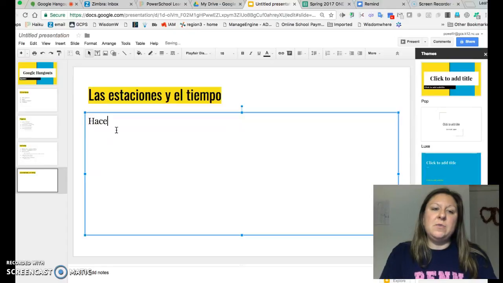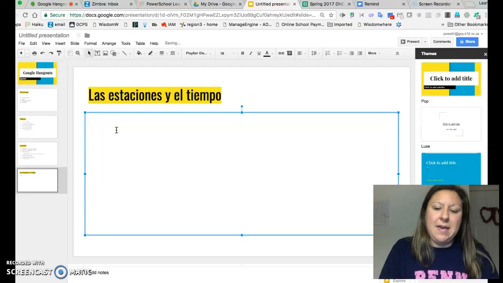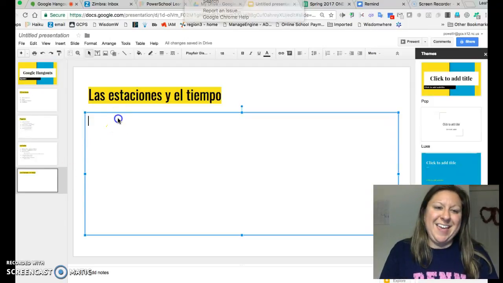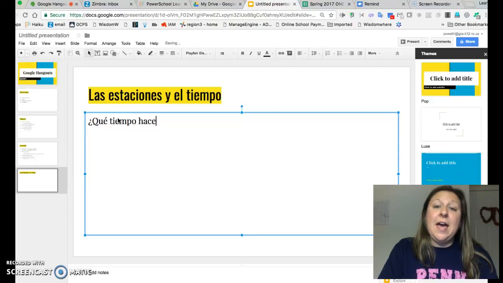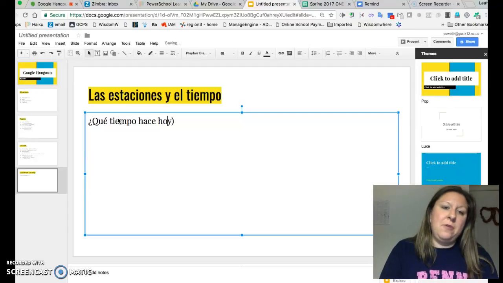So we're going to use the word hace when we're talking about what the weather is like, okay? And how we ask that is we are going to say ¿qué tiempo hace? I could say ¿qué tiempo hace hoy? for today, but we can just throw in here ¿qué tiempo hace?